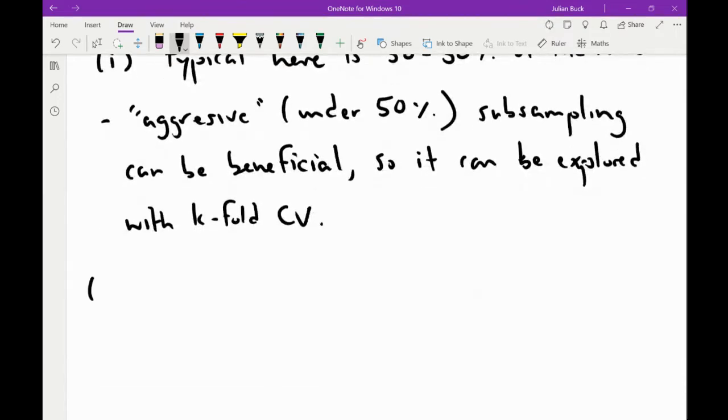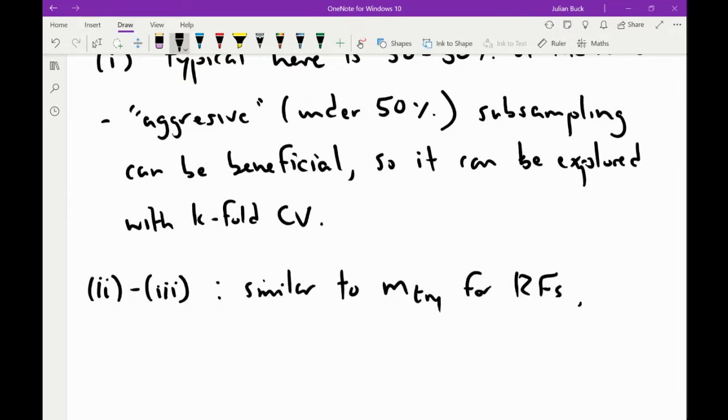Now, approaches 2 and 3 are fairly similar, and as mentioned, they are similar as hyperparameters to mtry for random forest, with similar considerations.